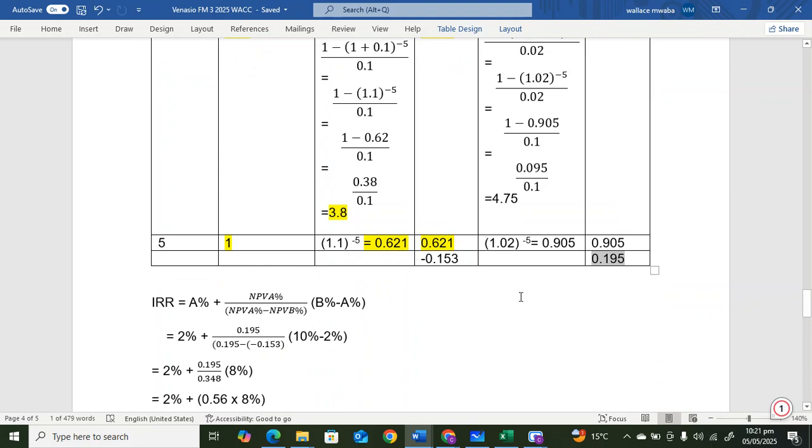Then to get your cost of debt, which is the same as the IRR in this case, this formula is given to you, but you have to remember what it says. 8% lower discount rate. Other times it will be presented as L. So if you see the L, lower discount rate. Others will show it as L%. NPV L% means the net present value with the lower discount rate.